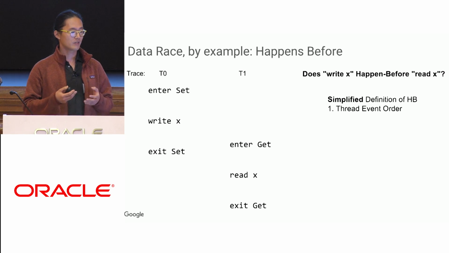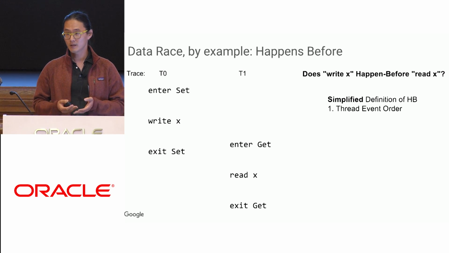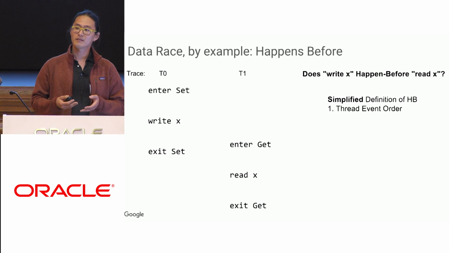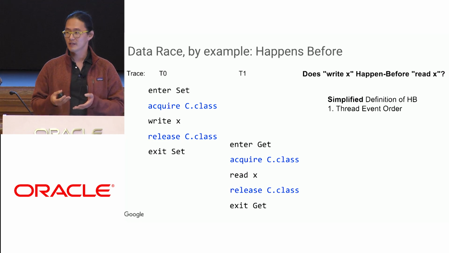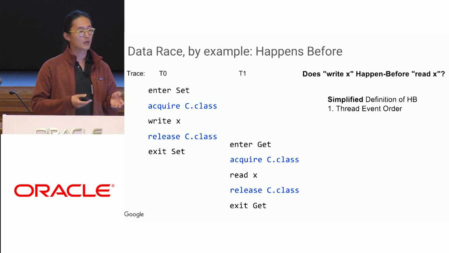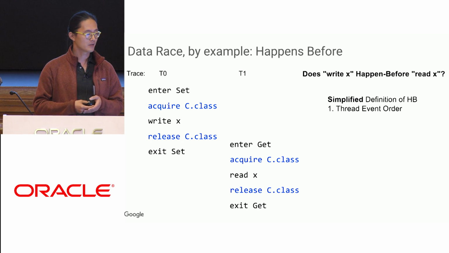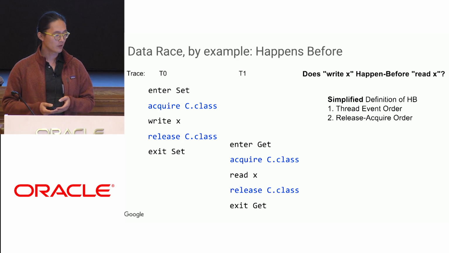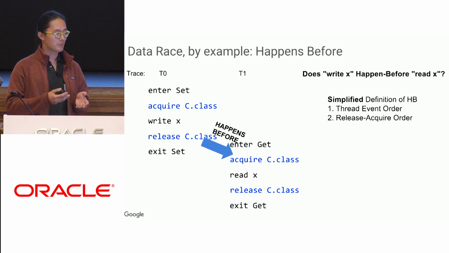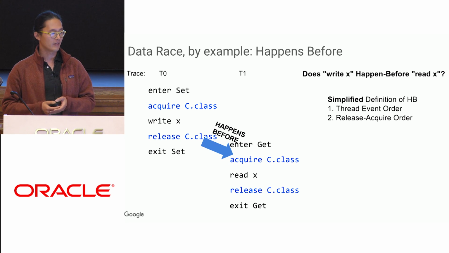The second part of the definition has to do with synchronization. Let's pretend that the set and get methods were properly synchronized with, say, a class lock. The trace might look something like this. Around every access, there is an acquire-release pair. So this is properly synchronized, and now I can bring up the release-acquire order, where the release operation of a particular lock happens before a subsequent acquire of that lock.